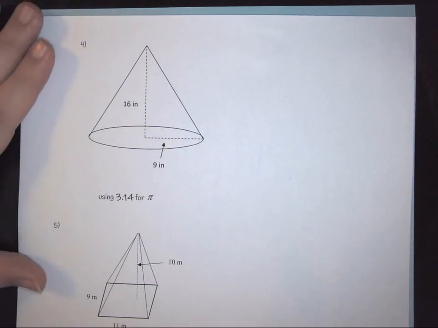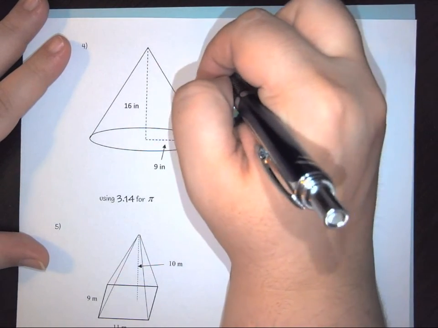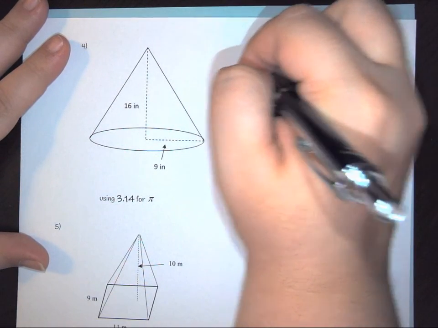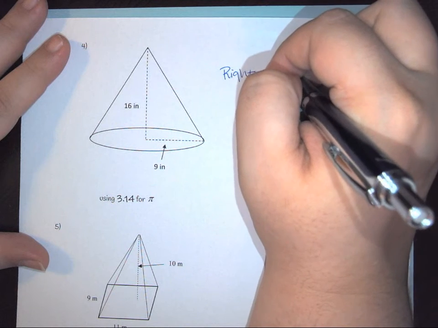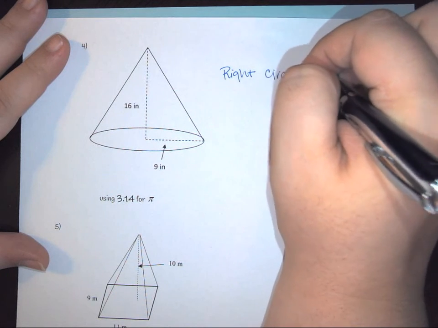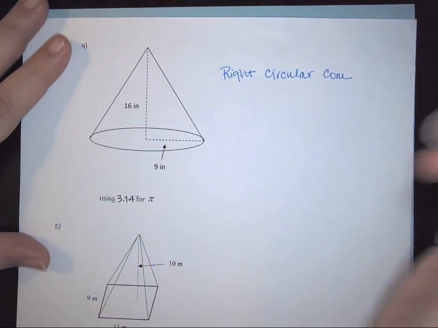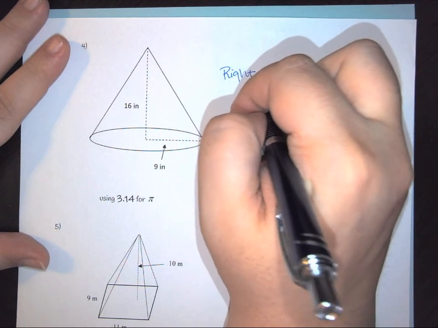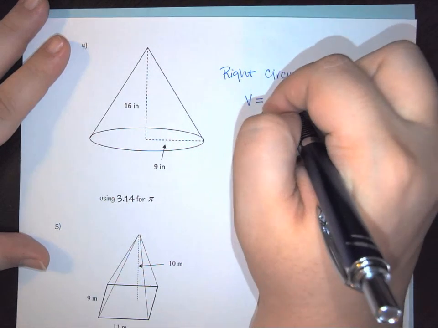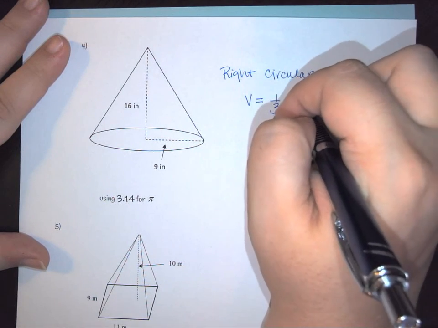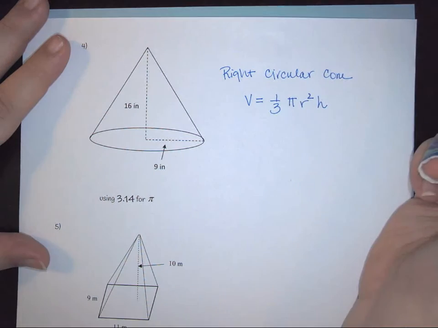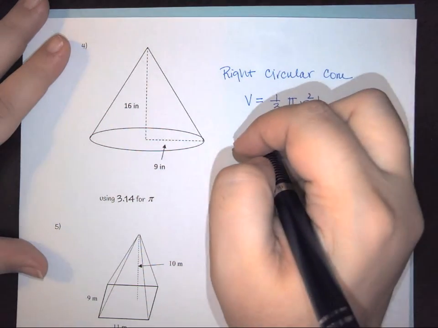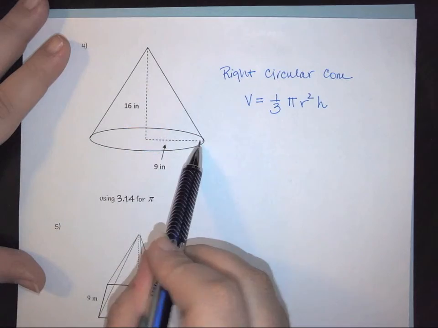Alright, so this one here is considered to be a right circular cone, which means its volume is going to be 1/3 pi r squared height. So in this case, notice my radius is 9.